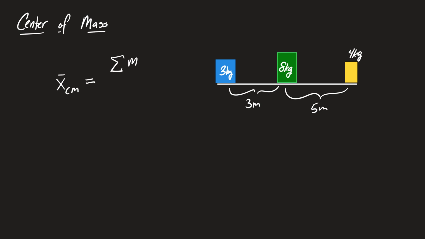You take the mass of each object and multiply by the location of each object in the x direction. And you start with object 1 and you end with the last object. Then you divide by taking the mass of each object, starting with object 1 and ending with the last object.